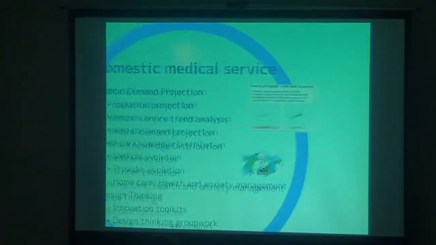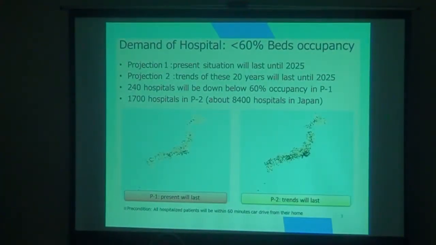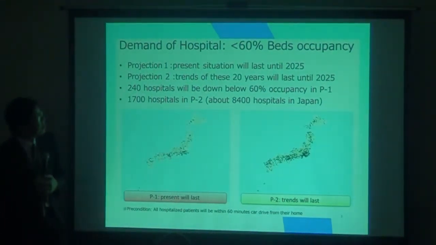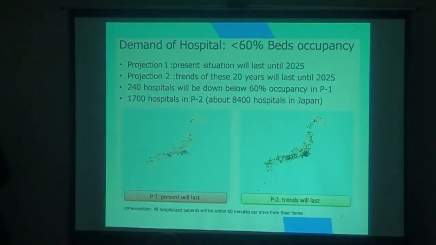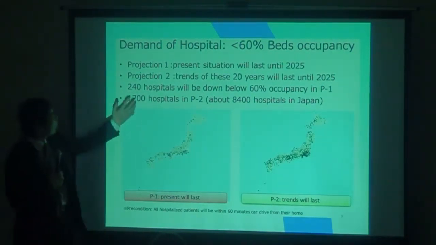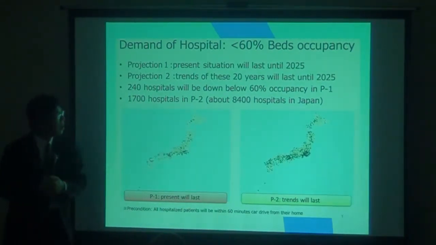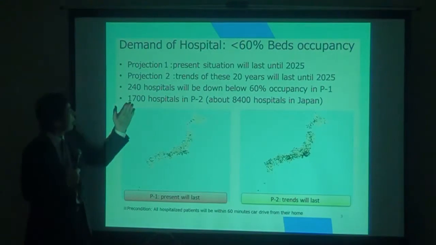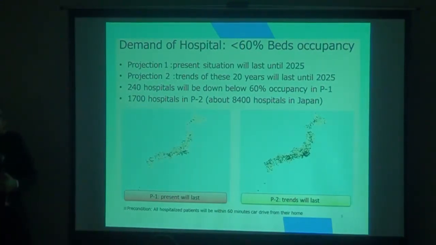And we showed, you know, we have 8,040 hospitals in Japan, and our government says 240 hospitals will go bankrupt in 2025, but from our projection, about 700 hospitals will face bankruptcy in 2025.